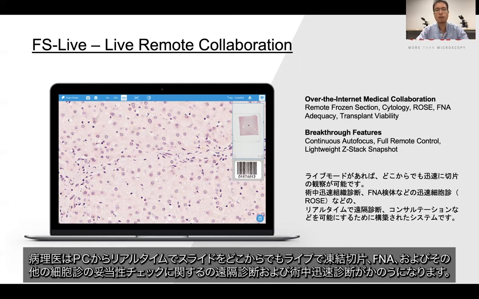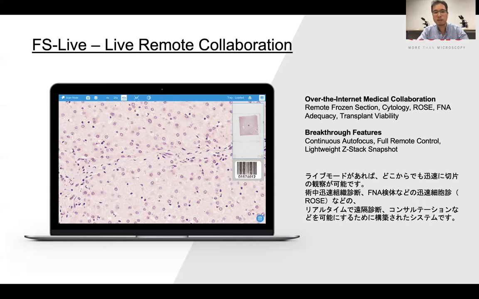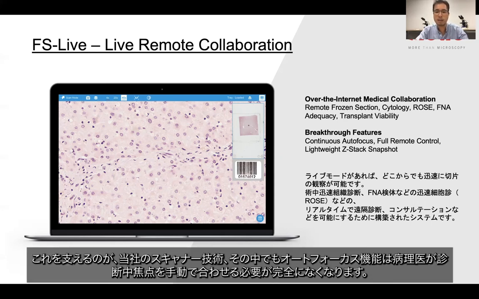The whole point is that this is in real time. You're viewing the sample in real time. It's being streamed across the internet to the pathologist's desktop, and the pathologist has full control over the slide. They can change the depths, move the sample around, switch objectives, and all of this is done to enable remote frozen sections or cytology adequacy checks.